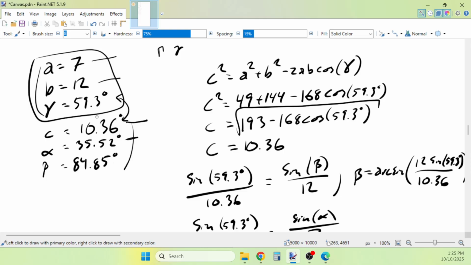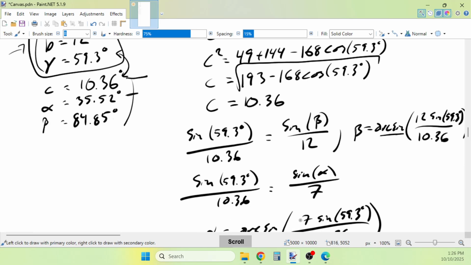But what's probably happened? Let's see. Arc sine does not invert to bigger than 90. So when the angle of the triangle is bigger than 90 and you try to use arc sine to find it, it gives you the reference angle.